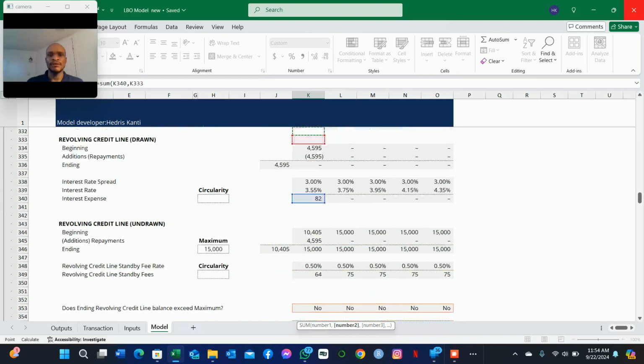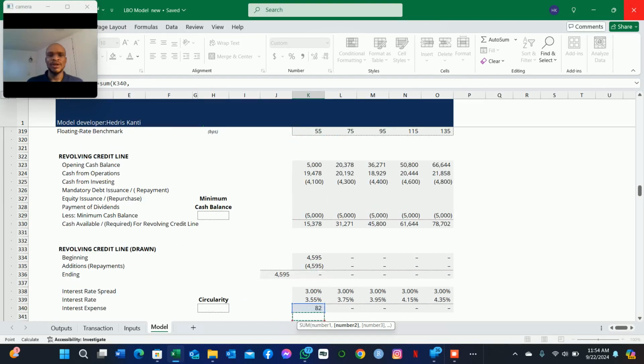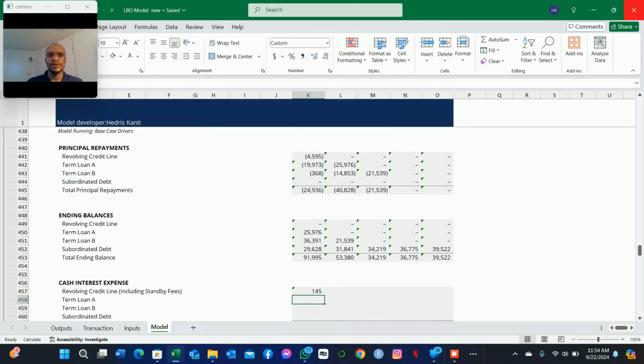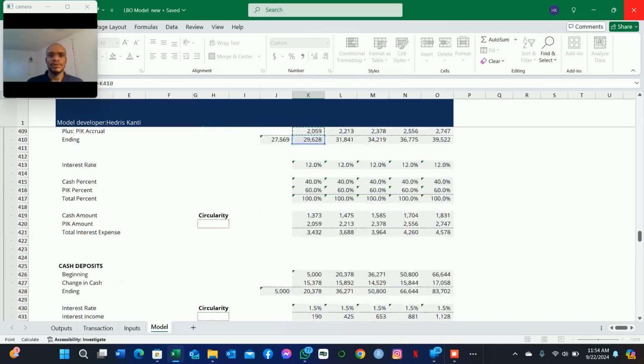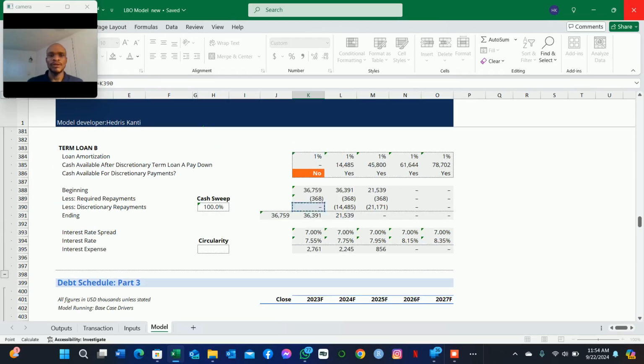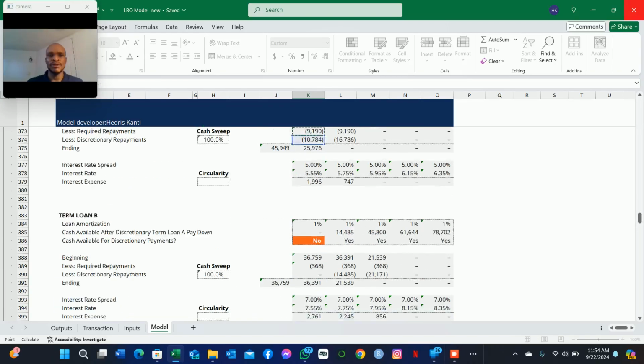So we are taking the sum of those two, the drawn portion and the undrawn portion. Have it set up there. And then for the term loan A, we will just link to their respective interest expense. So the interest that goes to the investors, we have it there for the term loan A.